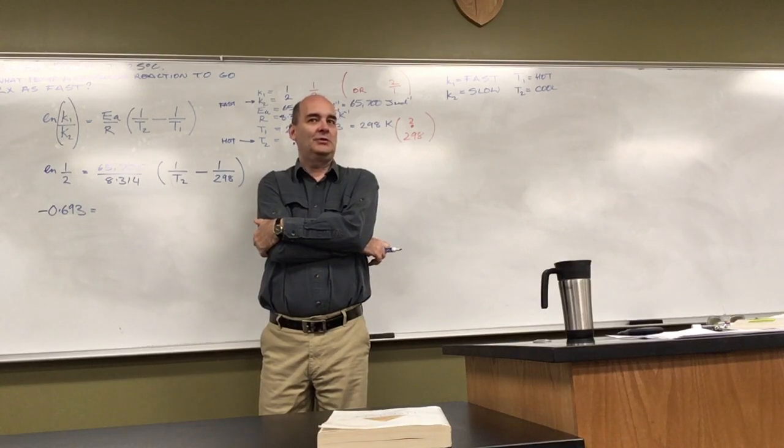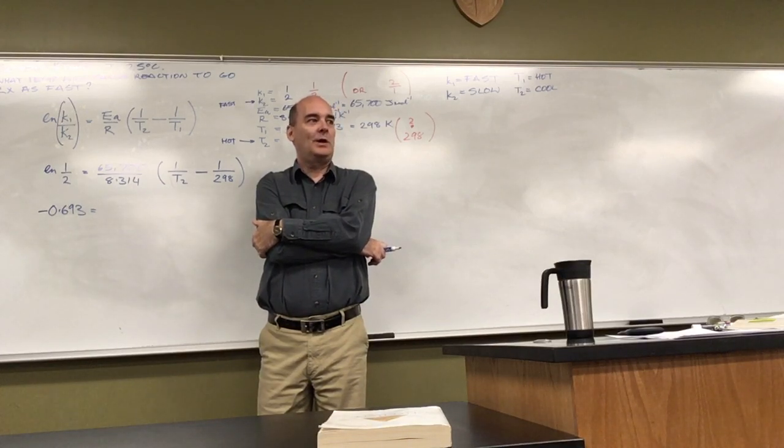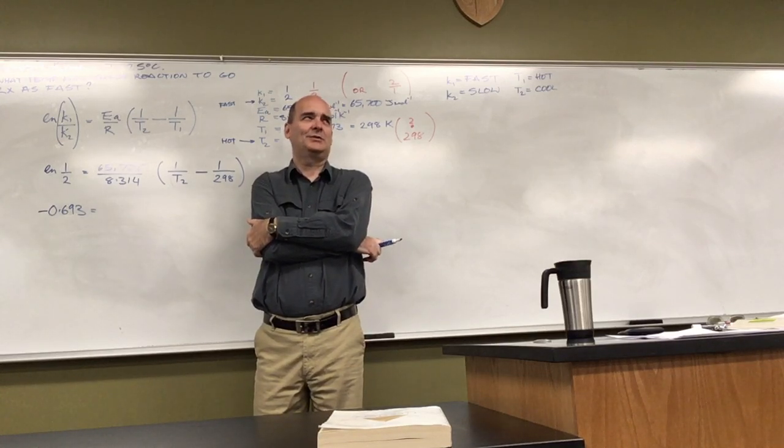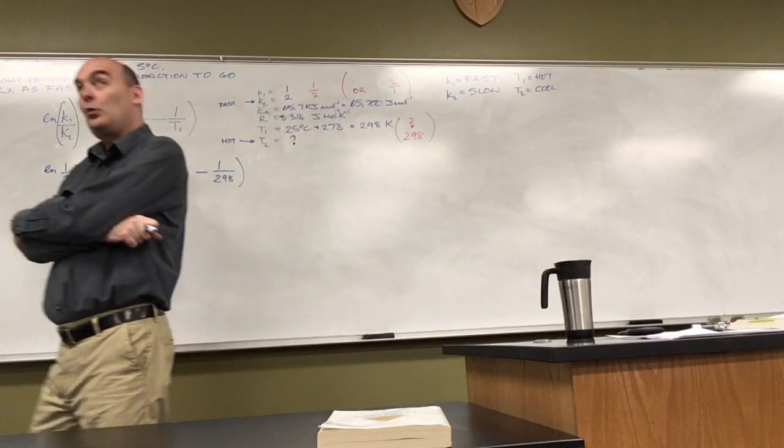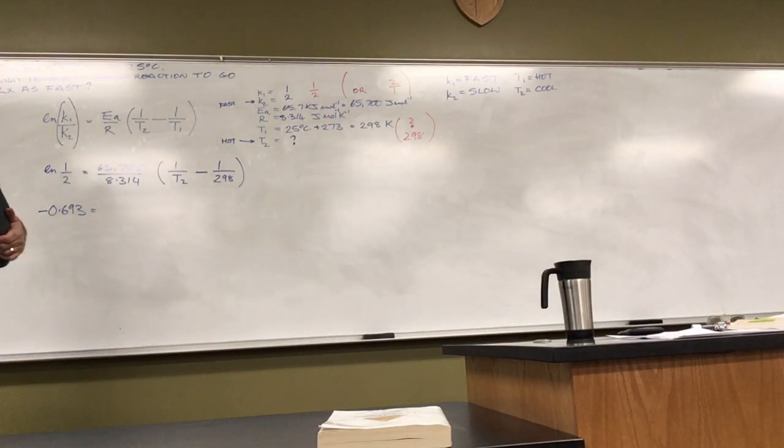At some point you should go, yeah, I understand why that would be a negative number. It's less than 1. It's supposed to be a negative number. And I kind of remember that the natural log of 2 was 0.693, so the natural log of 1 over 2 should be the negative.